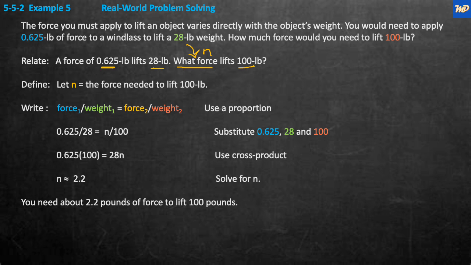We get force 1 divided by weight 1 equals force 2 divided by weight 2. Force 1 is 0.625. Weight 1 is 28. Those are the two that they're giving the information on. 0.625 pounds can lift 28 pounds, so that's a relationship that goes together. And now we want to know the force it takes to lift 100 pounds.